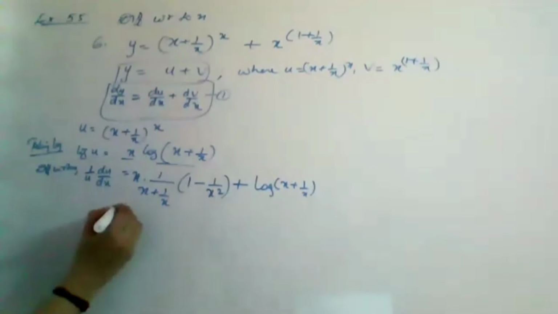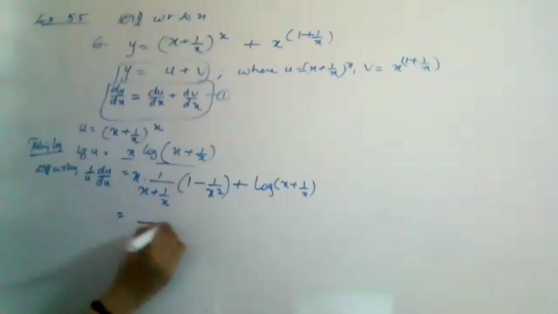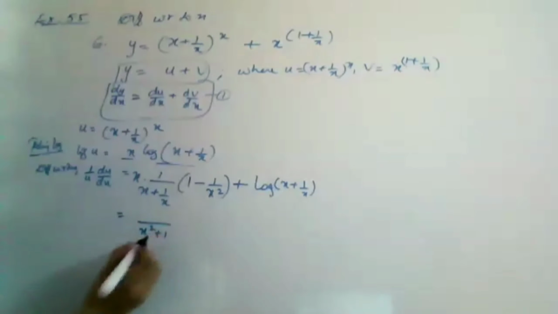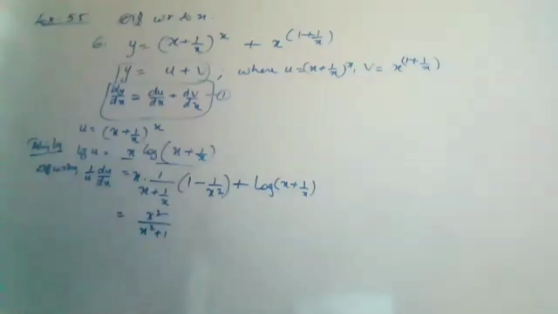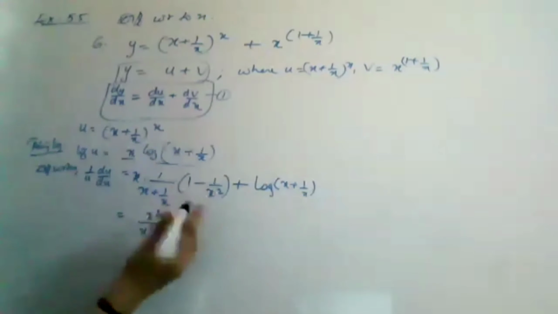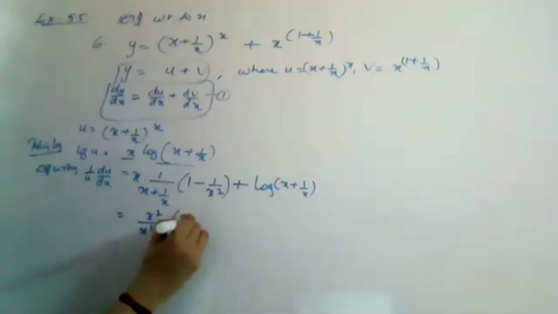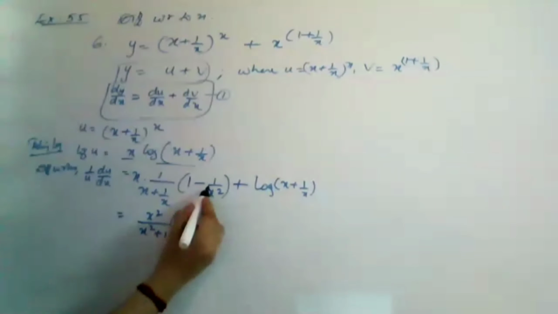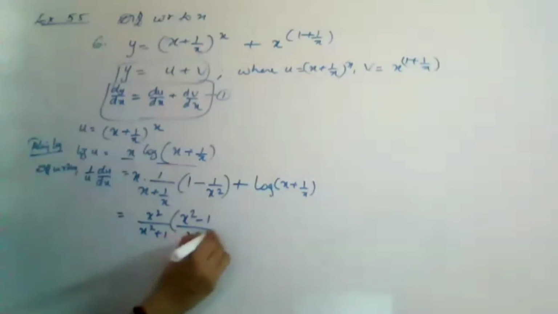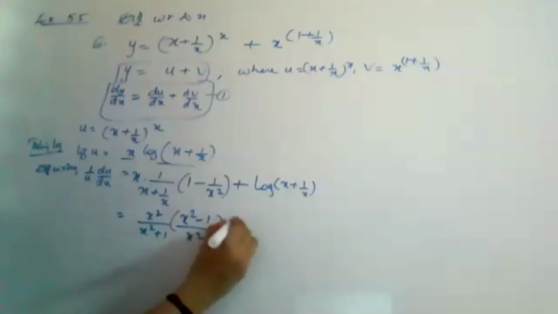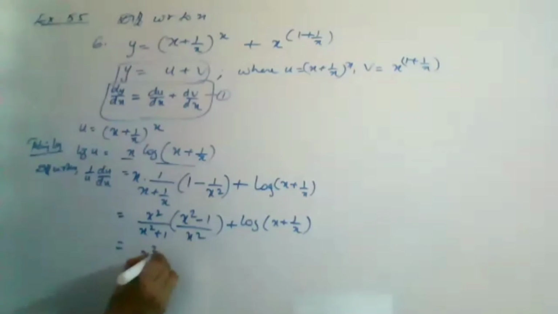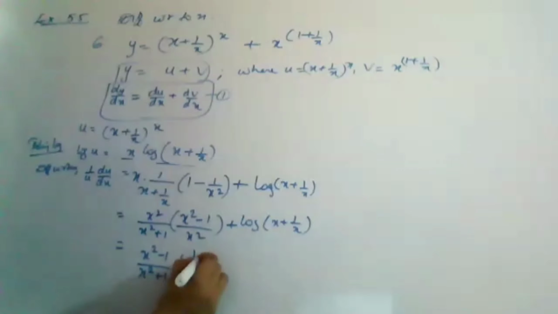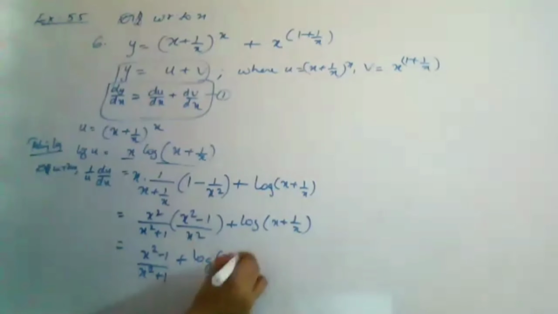Now here you can just simplify. This will give you the denominator x square plus 1 and here again x, that will go there and become x square. Here it is x square minus 1. Taking the LCM, x square minus 1 divided by x square. So this x square and x square can be cancelled. We are getting (x square minus 1) by (x square plus 1) plus log of x plus 1 by x.